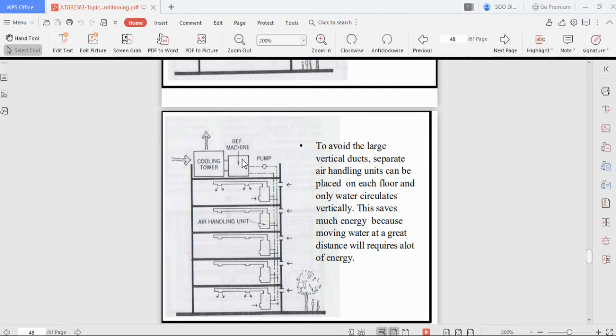Means you have a refrigeration machine here, which is the same as the previous, but instead of only having one big air handling unit, you're making it here. So with different air handling units, you'll be able to control the temperature at different areas or different floors.